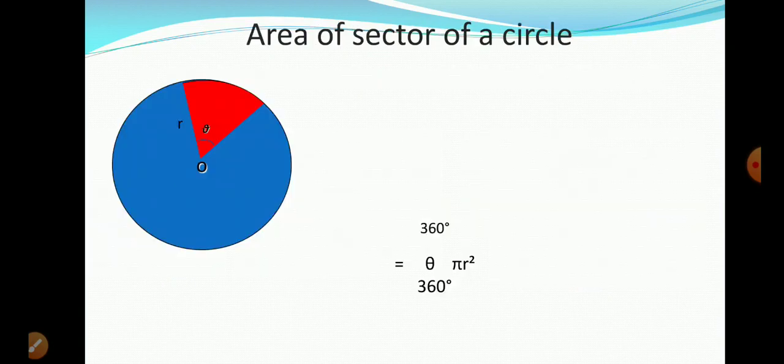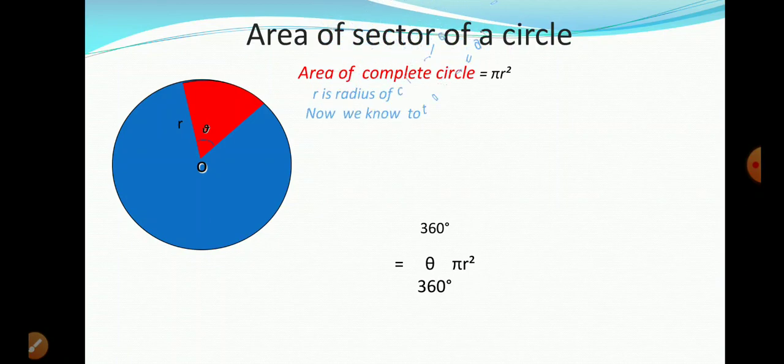Now we will find the area of sector of circle. For this, we know that area of complete circle is given by formula pi r square, where r is the radius.